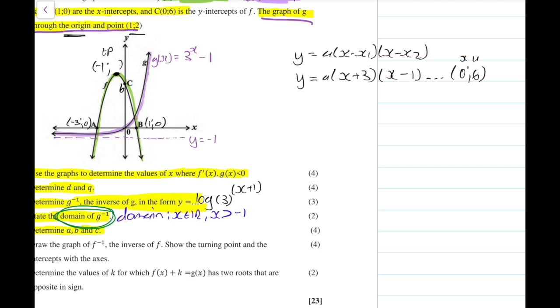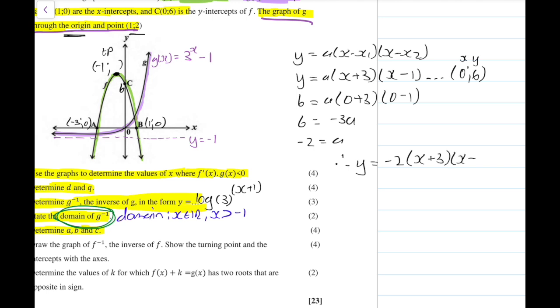So y is 6, x is 0, and then here we have 6 is equal to minus 3a, because positive 3 times minus 1 gives us the minus 3a there. You divide by minus 3, you're going to get minus 2 for a. Now all you do from here is wherever you see a, you sub the value in there and simplify. So therefore y is equal to minus 2 into x plus 3 into x minus 1.